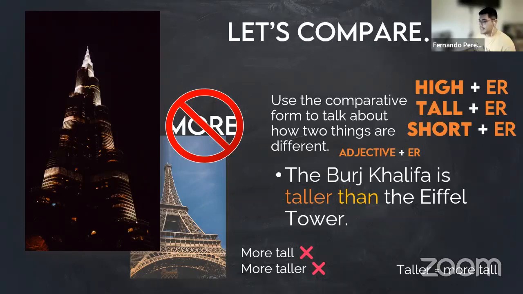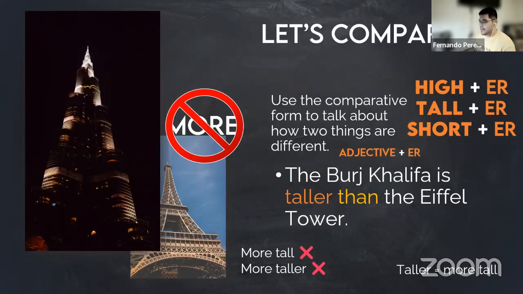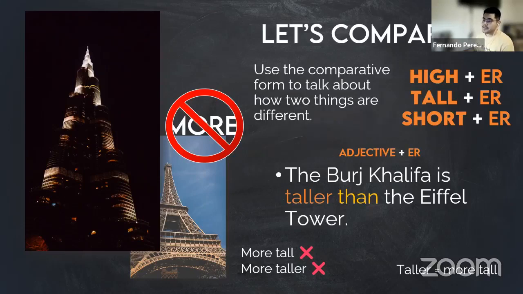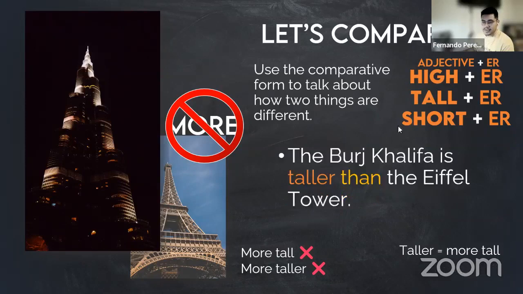The application of this is comparison. Use the comparative form to talk about how two things are different. Higher, taller, shorter. And here you have the perfect example. The Burj Khalifa is taller, and then we have the connector than, and then we have the Eiffel Tower.